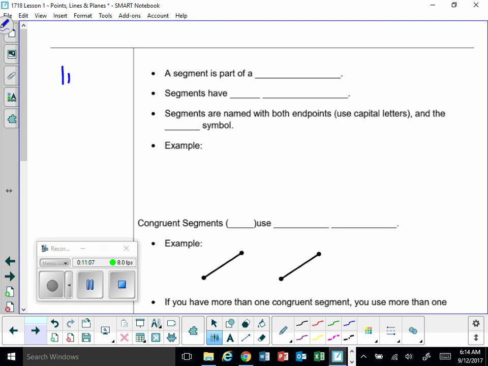Line segment, and we often just call it a segment. No particular reason other than it's easier. A line segment is part of a line, and they have two endpoints.